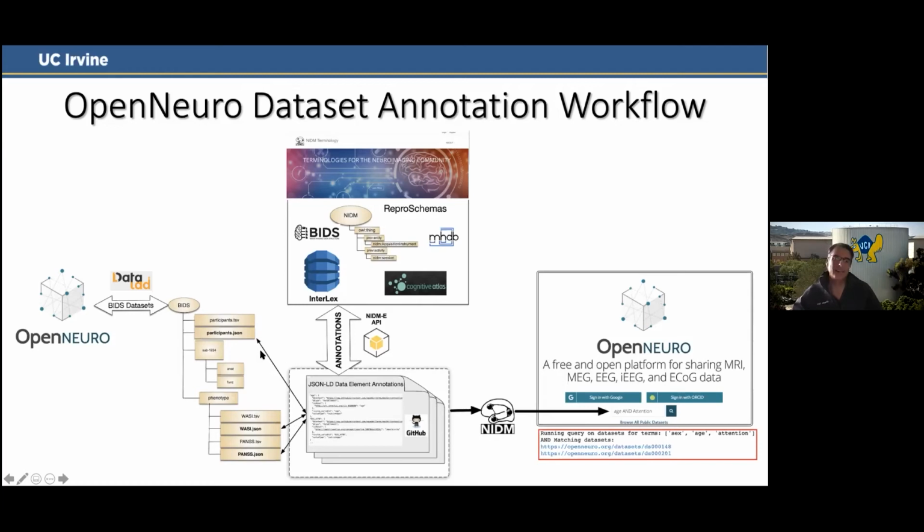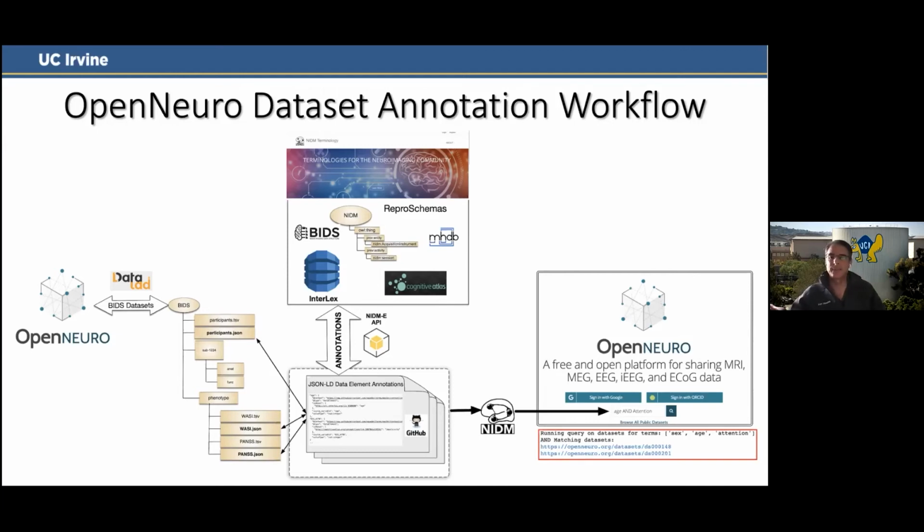They will iterate over the header columns in any of the TSV files embedded in these BIDS data sets. They will query information resources like InterLex, Cog Atlas, the mental health database, ReproSchemas, and NIDM terminologies, and they will ask you to annotate your variables. They will ask you about all the properties that I showed on a few slides ago, and then they'll give you the opportunity to connect specific variables out to broader concepts.